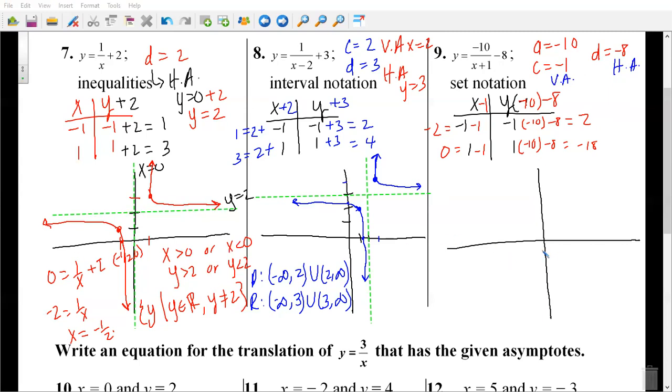We're going to have to count by 2s on here. 2, 4, 6, 8, 10, 12, 14, 16, 18. So we can have -18. Again, counting by 2s. We're good on this.